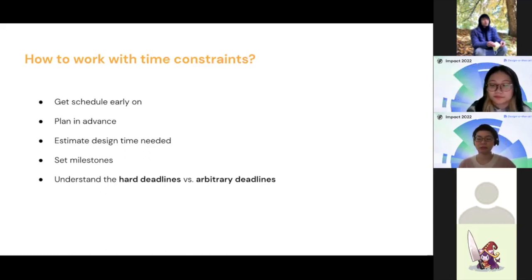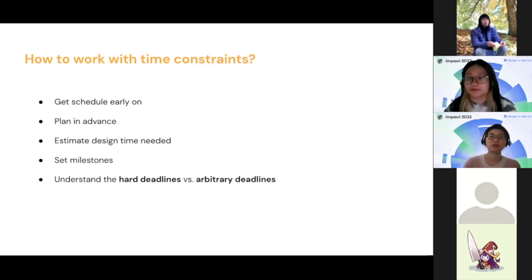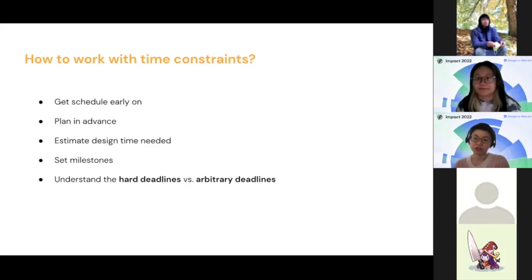But sometimes in the working world, when you work as a designer, they say, oh, I need this, I need that, but you may not get a really solid deadline. We talked about product launch dates as one of the time constraints. However, if the product is launching tomorrow, and you have the design done today, that's not going to work, right?